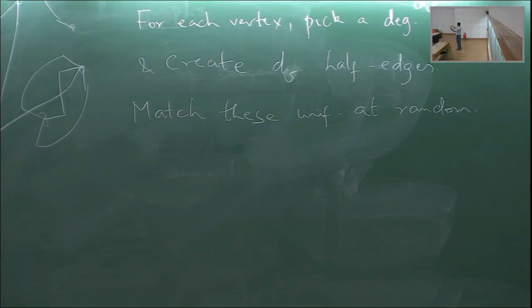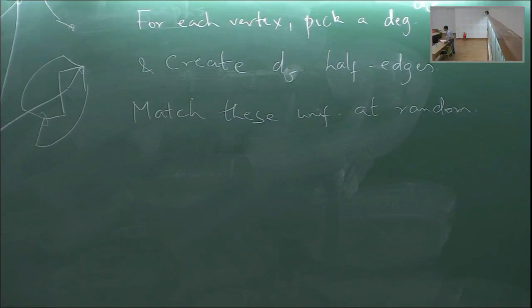And two of them might match up with half edges of the same person, in which case I have the same friend twice. But if you don't want to allow that, then you keep repeating this process till we get a proper graph. I could even match up my own half edge, so I'm my own friend. So you could have that too.